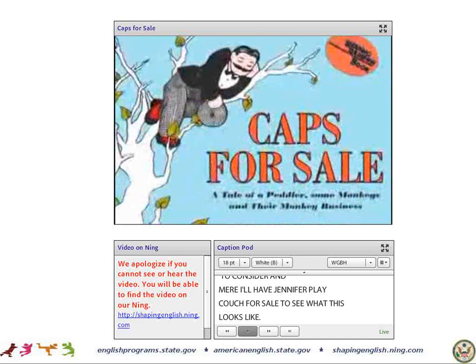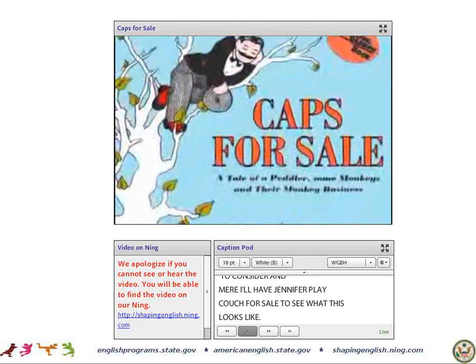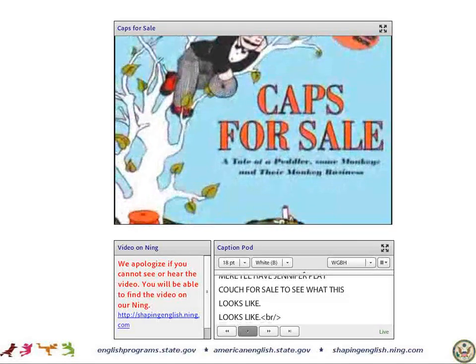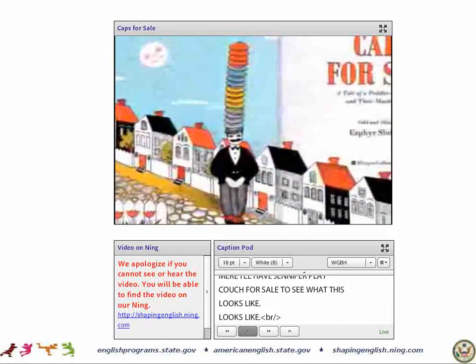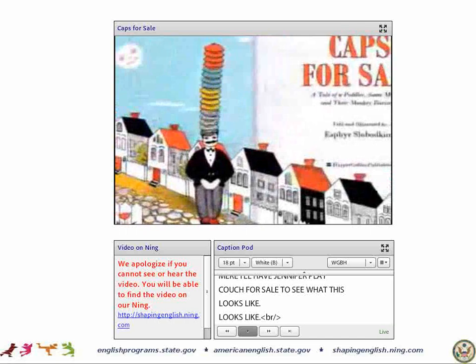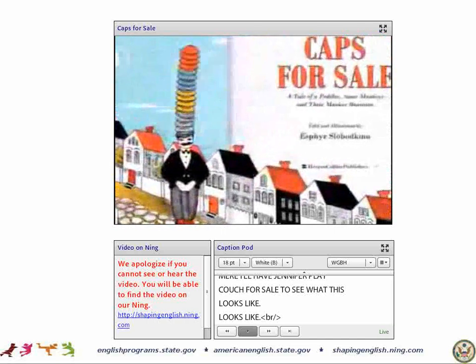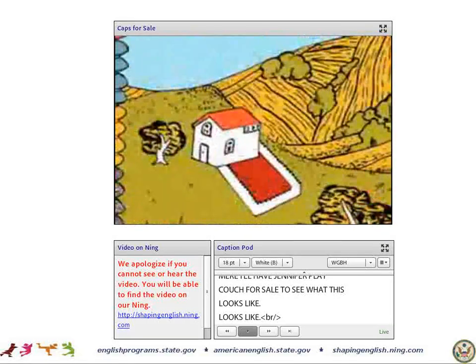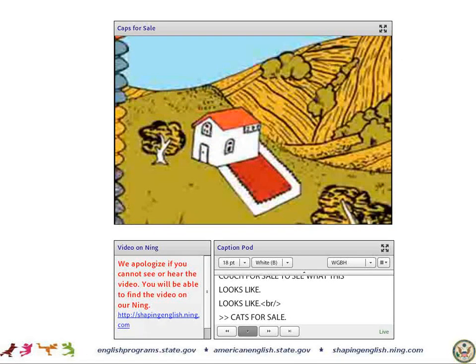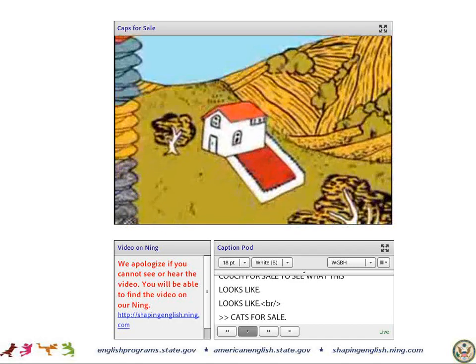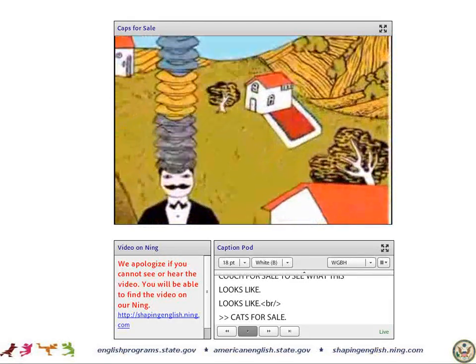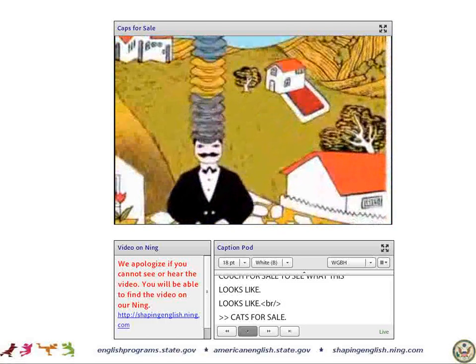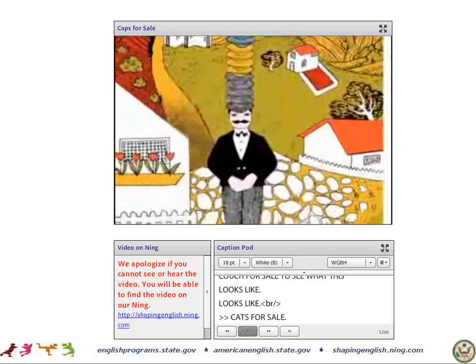Caps for sale, 50 cents a cap. Ladies and gentlemen, caps for sale, a tale of a peddler, some monkeys, and their monkey business. Once there was a peddler who sold caps, but he was not like an ordinary peddler carrying his wares on his back. He carried them on top of his head.